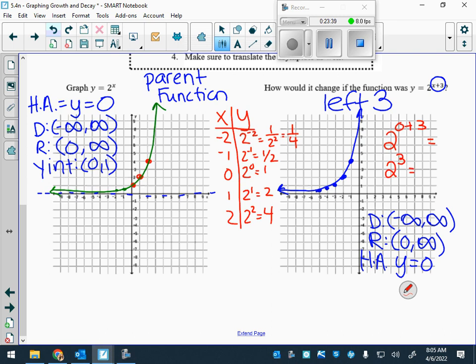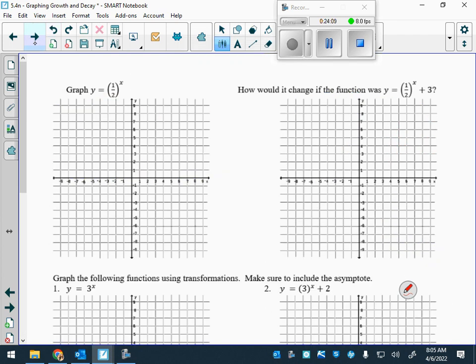What is 2 cubed? 8. So our new y-intercept is 0, 8. Okay, our new y-intercept is 0, 8. Okay, so this is a case where everything stayed the same. However, you had to find your y-intercept by substituting it in. Okay, let's do a few more.